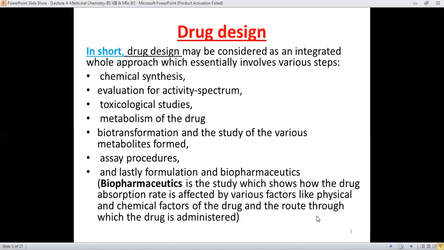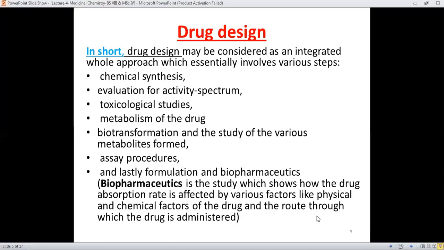Therefore, toxicological studies are very important to show that the drug's toxicological potential should be low. It may be to kill a fungal strain or a microbial strain, bacteria, virus, and so on, but it should be against the microorganism, and it shouldn't be against the human being.